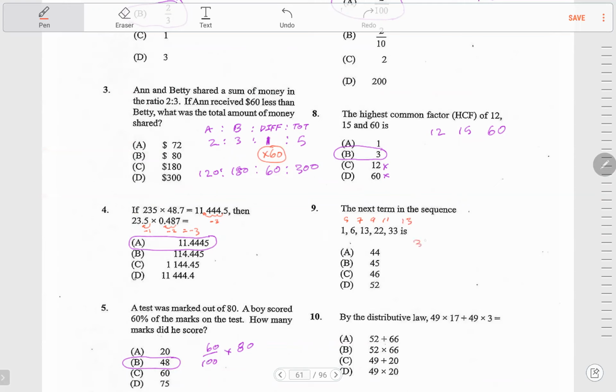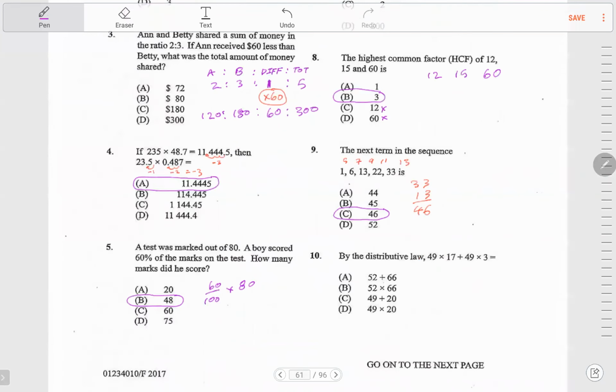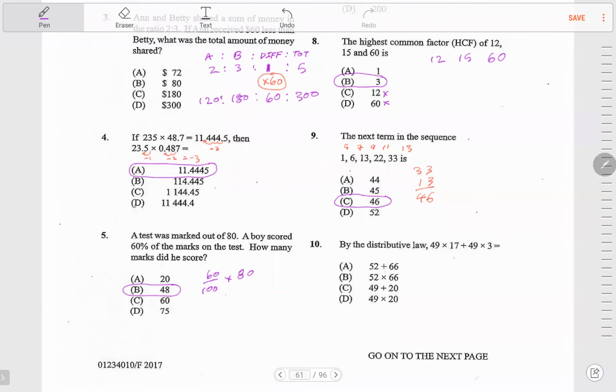So 33 plus 13 is 46. That's why the answer is 46. We did this question already as well, it's the same question. 49 times 17 and 49 times 3 becomes 49 times 20.